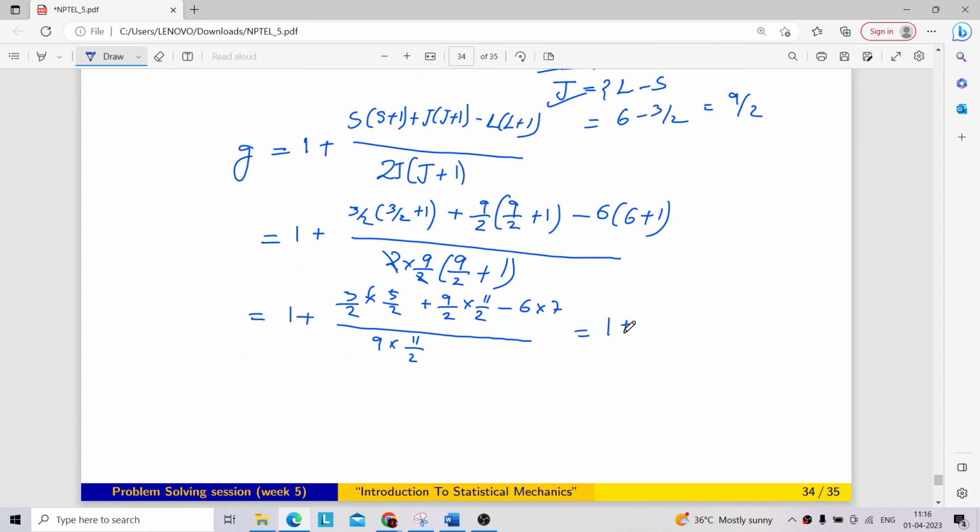How much will this be? 1 plus 15 plus 99 into 2 minus 42 divided by 99.